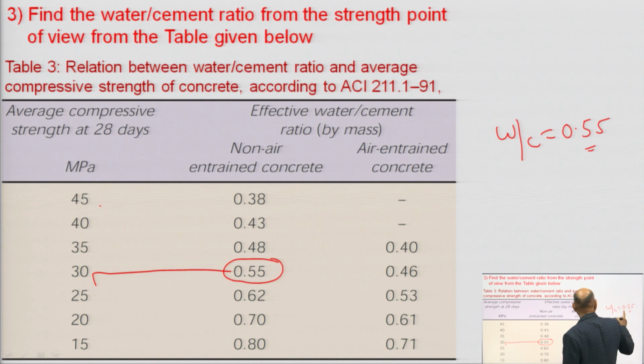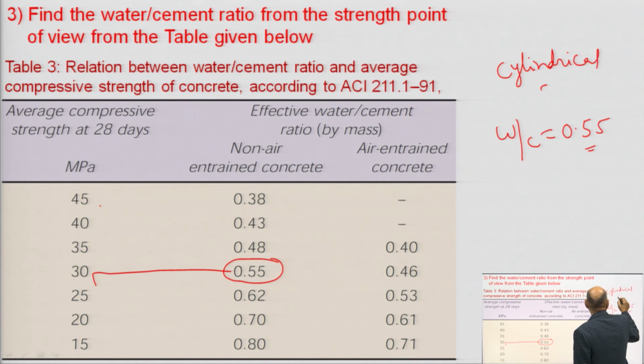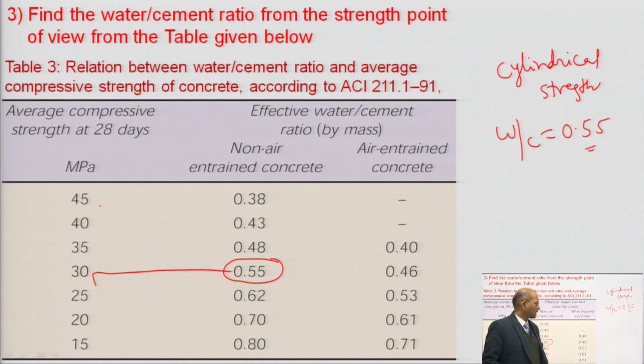This strength is nothing but your cylindrical strength, and this is the cylindrical strength water cement ratio. Here the MPa is given, so this is not M30 grade concrete.